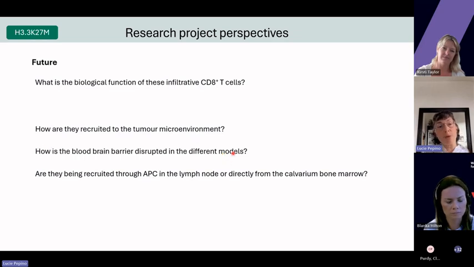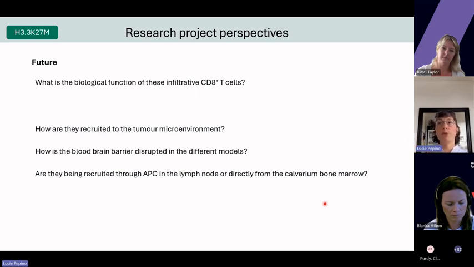How is the blood-brain barrier disrupted in the different models? Again, it can help us understand how immune cells are circulating within the central nervous system. And are they being recruited through antigen-presenting cells within lymph nodes, the more typical way of recruiting lymphocytes, or directly from the calvarium bone marrow, because you have bone marrow directly in the calvarium?